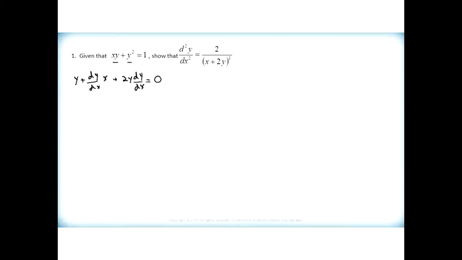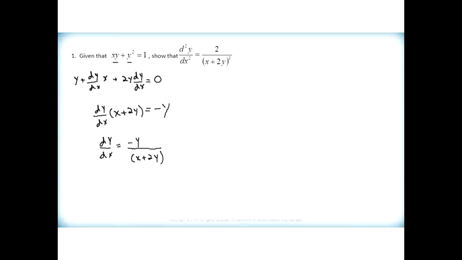So I'll collect my dy over dx terms on the left side of this equation, and I've got dy over dx times x plus 2y, when I factor it out, is going to be equal to minus y. So I end up with dy over dx here is equal to negative y divided by x and 2y in my denominator.